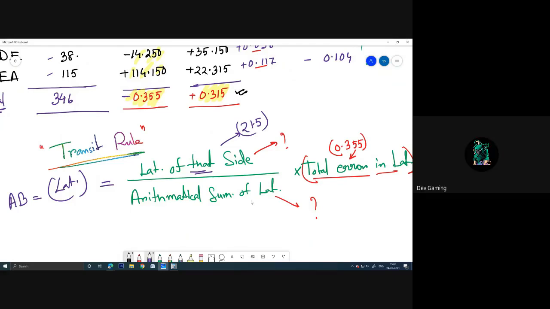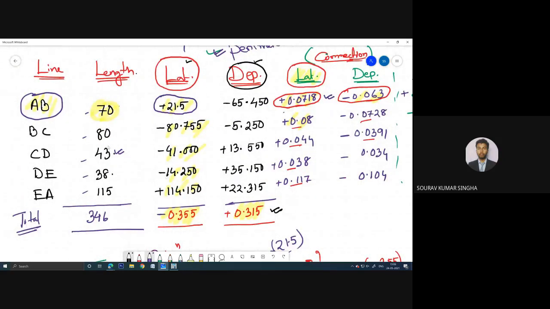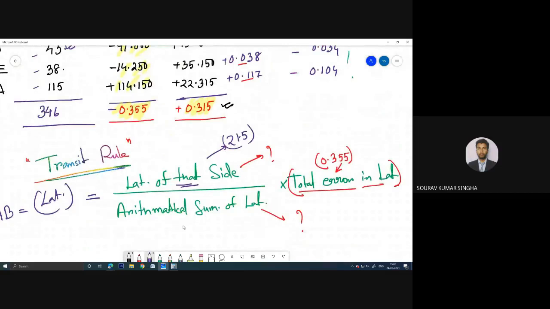Devajyoti, you are saying this 70, 80, these are under the column length, but in the formula you can see the arithmetical sum of the latitude, not the length.